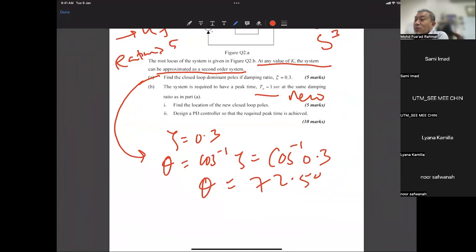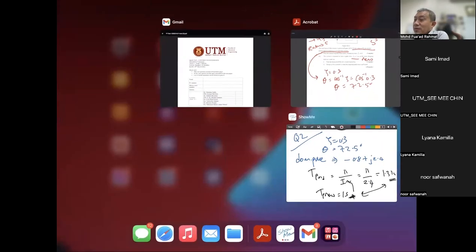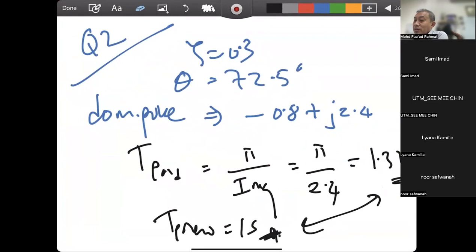Find the location of the new closed loop poles. Okay, easy. So we want a new dominant pole.